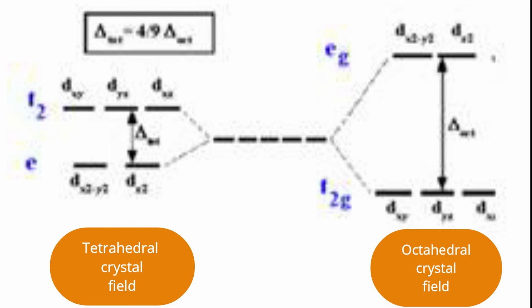Pay attention towards labeling. In octahedral crystal field, labeling of the respective orbitals was by g, T2g, Eg, and in tetrahedral crystal field that g is not there because tetrahedral complexes have no center of inversion, center of symmetry is not there, because of that g is absent.